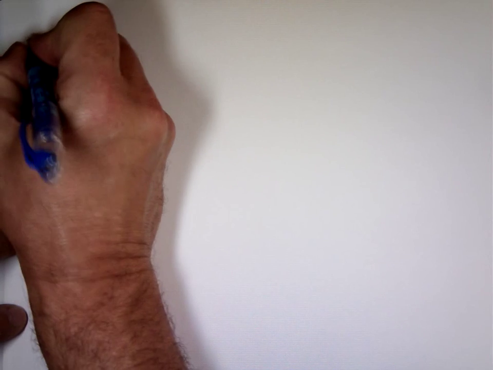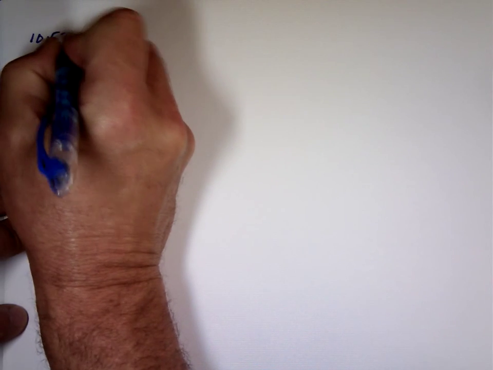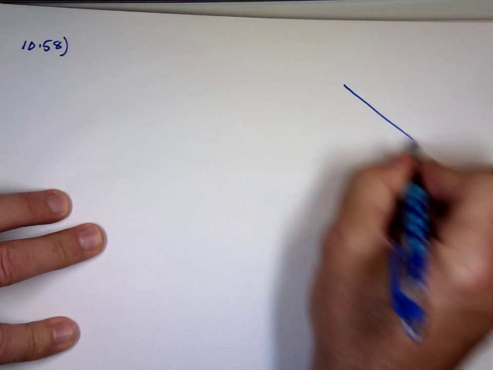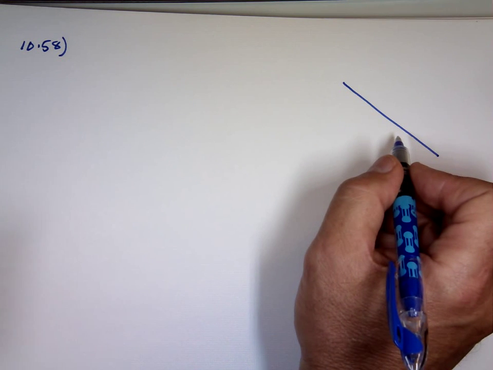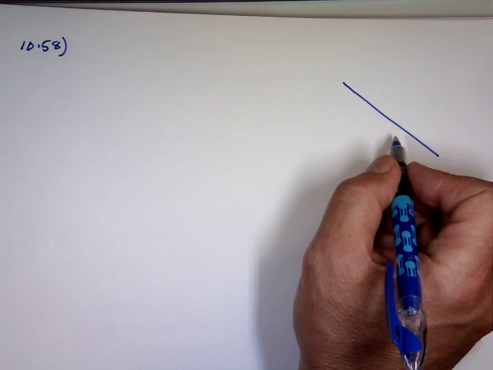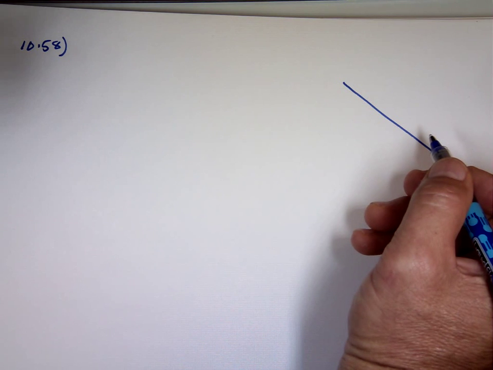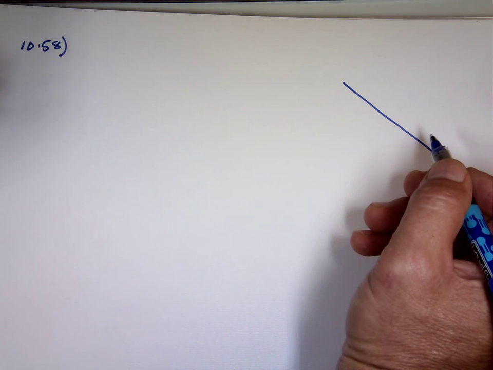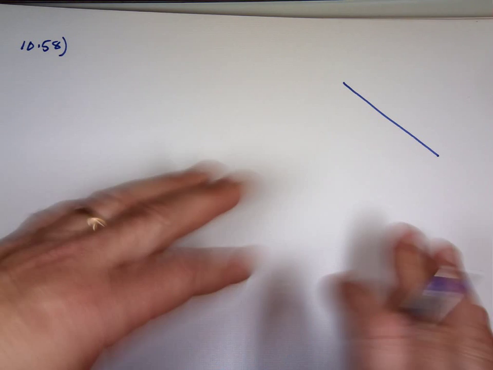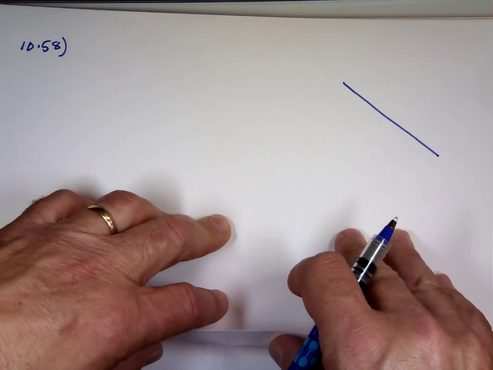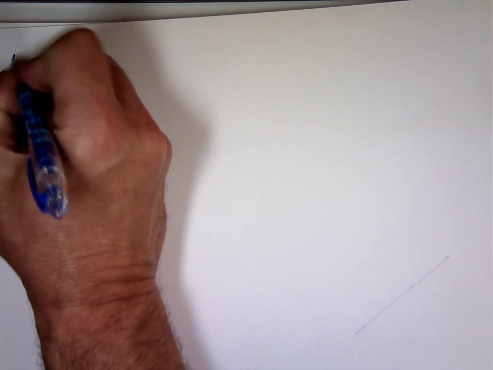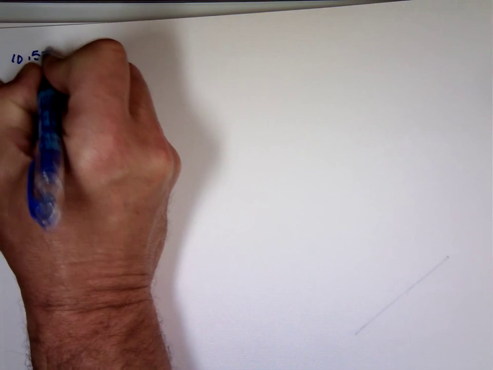We have a hoop here, 10.58. I'm assuming, I didn't finish reading. Let me look quickly here and see if that's the case. Is there an incline? It doesn't say there's an incline. There's no incline.